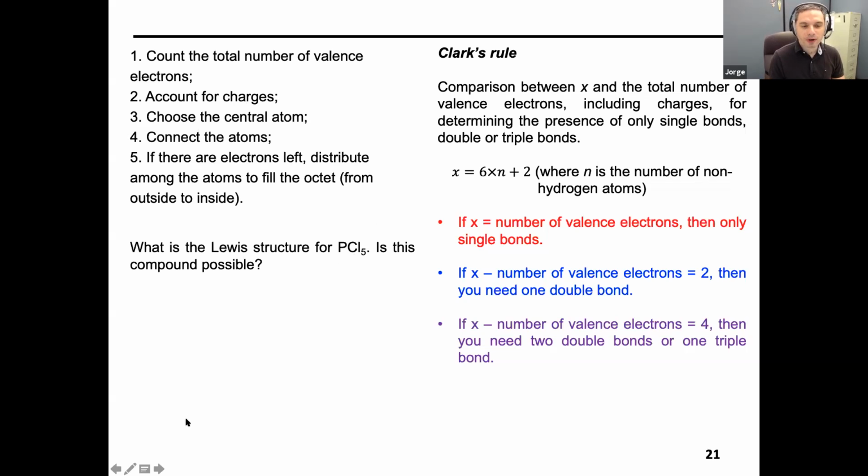So for today, let's start with another example, another compound formed between phosphorus and chlorine. Now let's take a look at PCl5. Let's try to draw the Lewis structure for this compound, and let's see if this compound is possible to exist or if it is just a hypothetical compound.